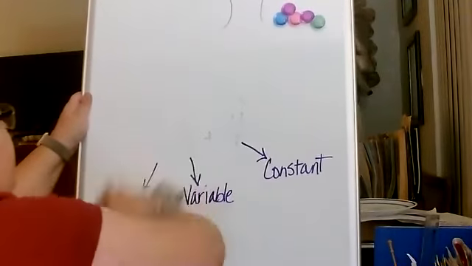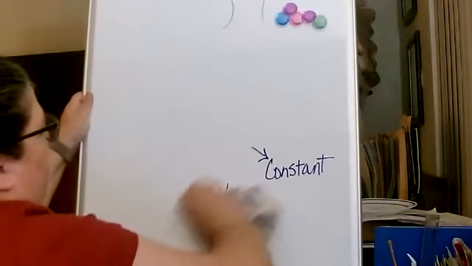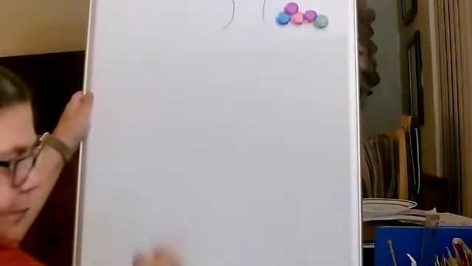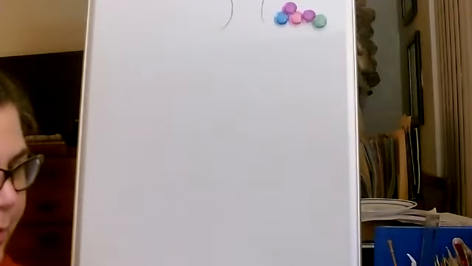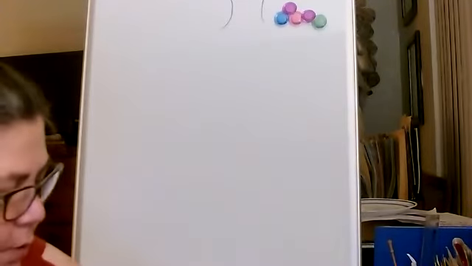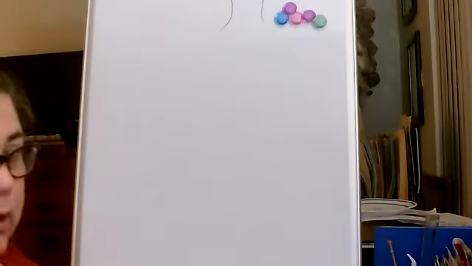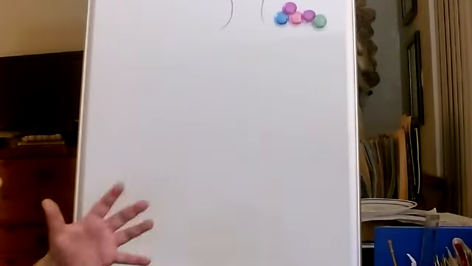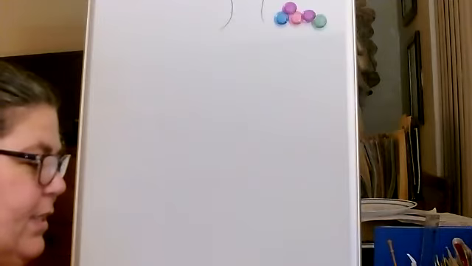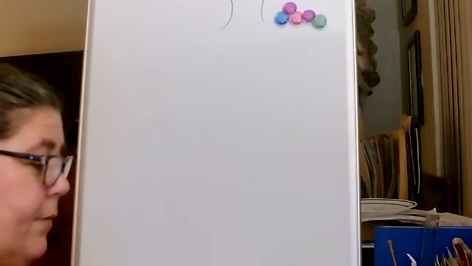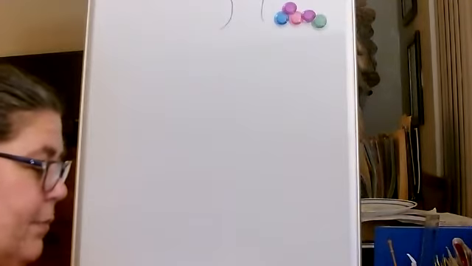Now, we're going to talk about like terms. So, of course, we talked about terms. A term is a number by itself or the product of a number and a variable. Terms in a math sentence are separated by a plus sign or a minus symbol.